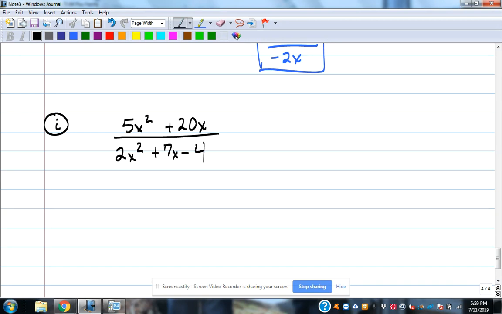So numerator, start with it. It's fine. It's a GCF of 5x squared and 20x. 5, and what else do they share? An x. What's left in the parentheses then? Good job. x plus 4.